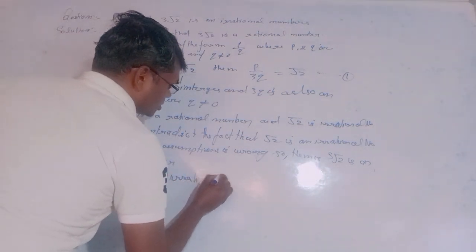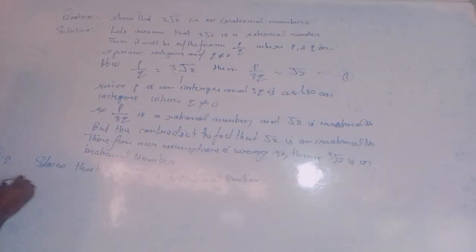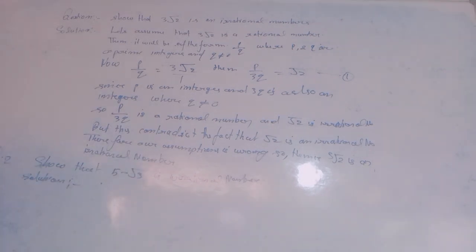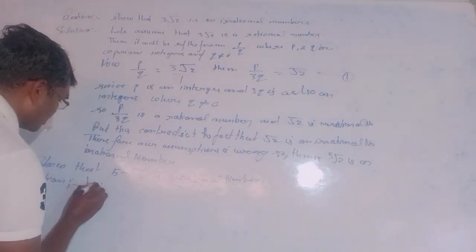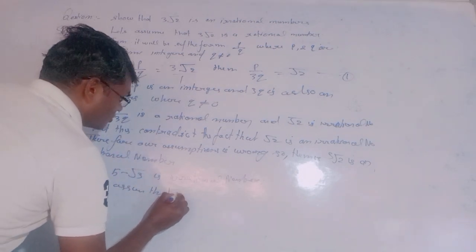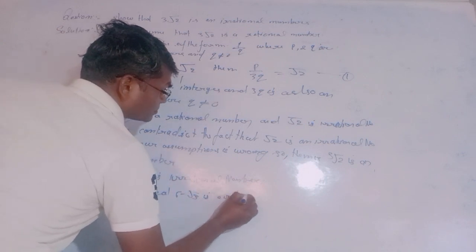Solution: first of all, we prove it by contradiction. Let's assume that 5 minus root 3 is a rational number.